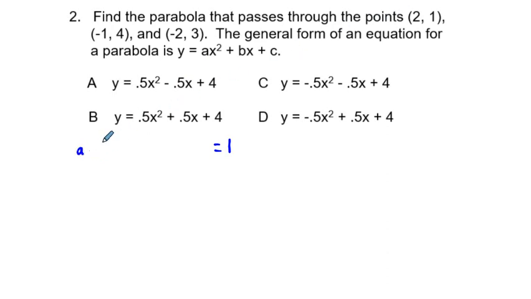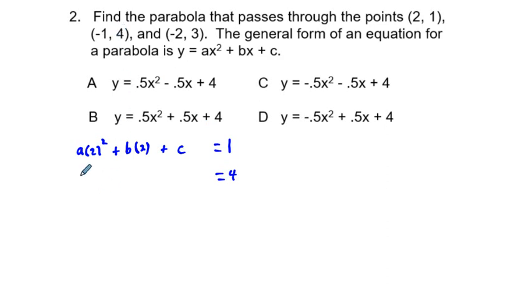and x is going to be 2 squared, plus b, we don't know what b is, but we know x is 2, and then we have plus c. So that's going to be our first equation. Our second equation is this second point, 4.